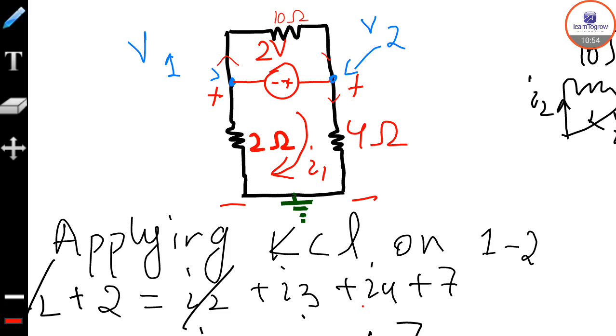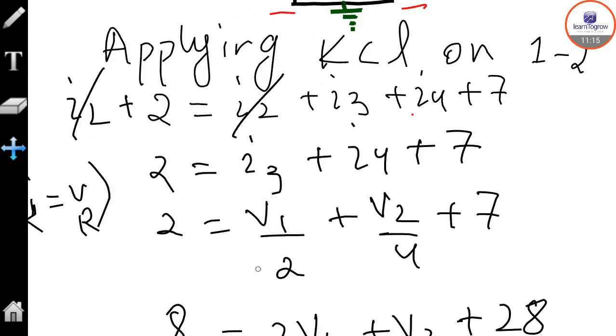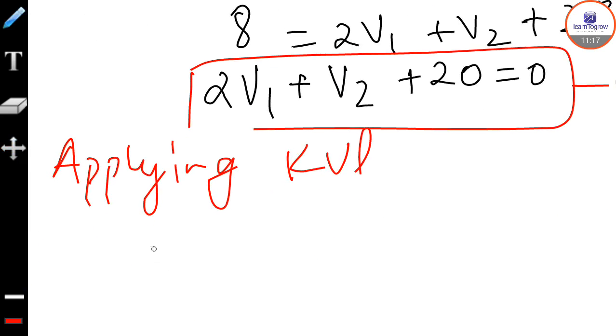In Kirchhoff's voltage law, we consider the voltages. In this 2 ohm resistor, V1 is flowing. The 2 ohm resistor contains V1 voltage and the 4 ohm resistor contains V2 voltage, but we will go with the direction. According to the direction, the minus sign is striking first, so minus V1.